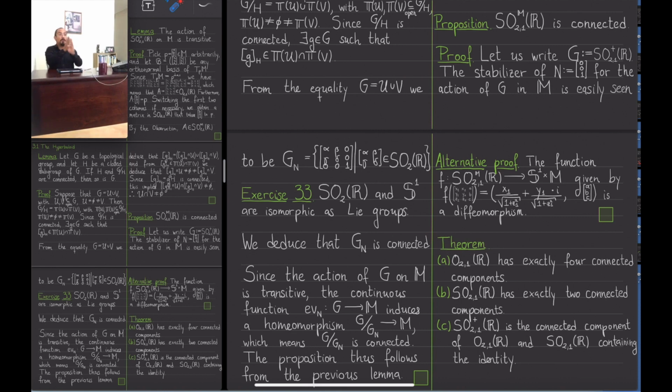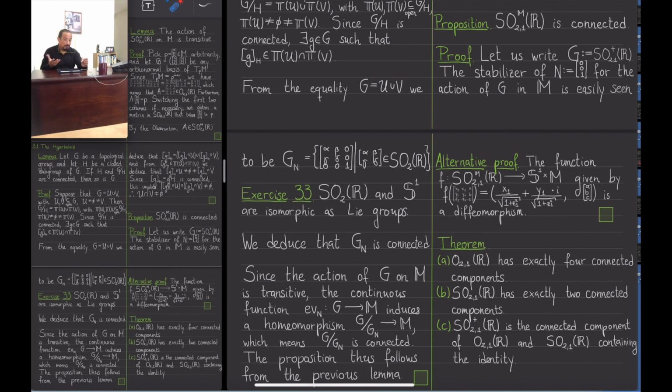And also for determinant minus 1. For determinant minus 1, for instance, you can say I have some elements that preserve both sheets, namely a reflection along a vertical plane passing through the origin, like the XZ plane or the YZ plane, followed by a rotation. And again, that seems to split the subset of matrices of determinant minus 1 into two components.